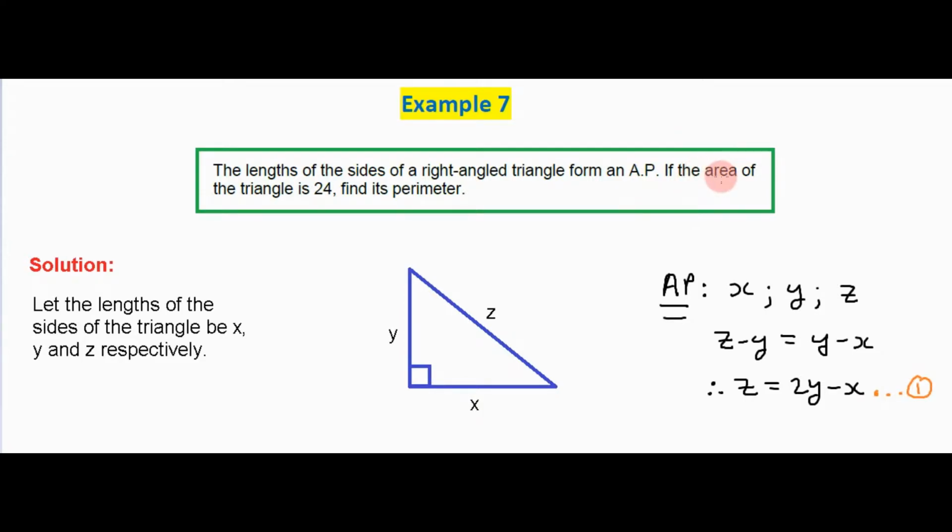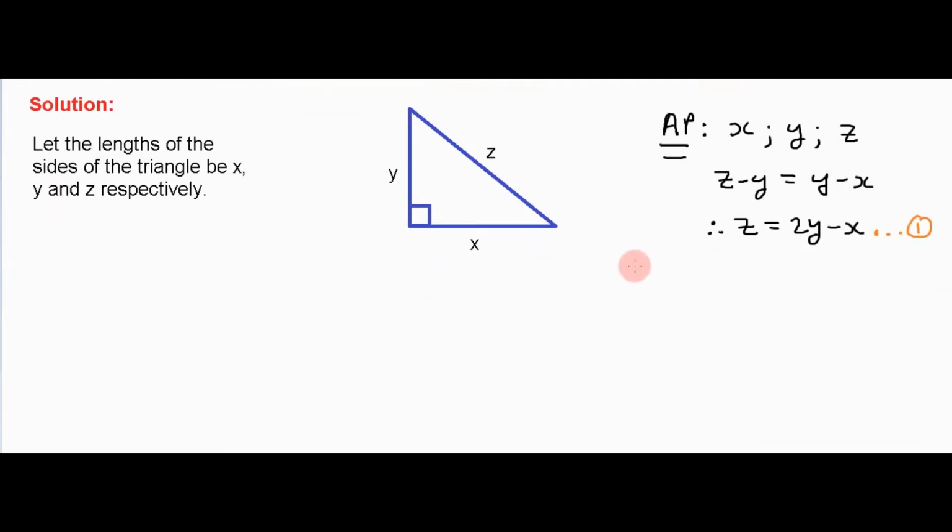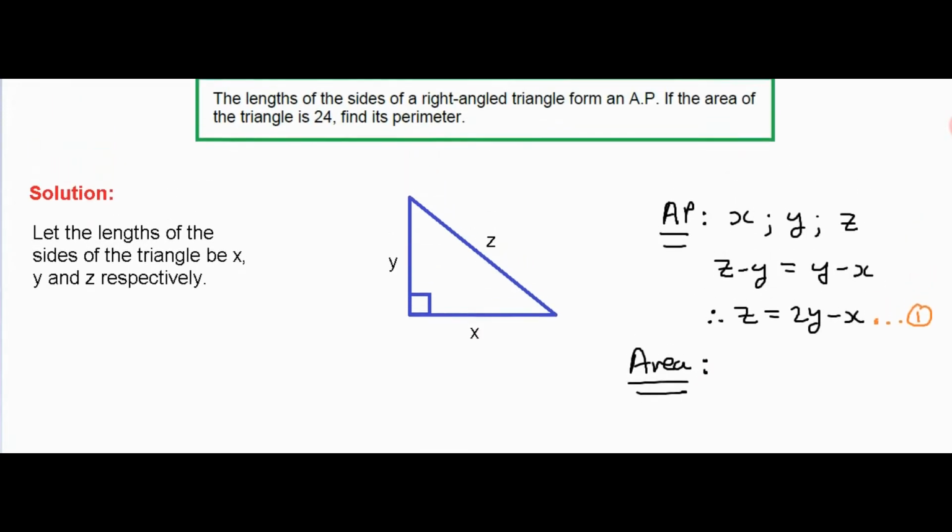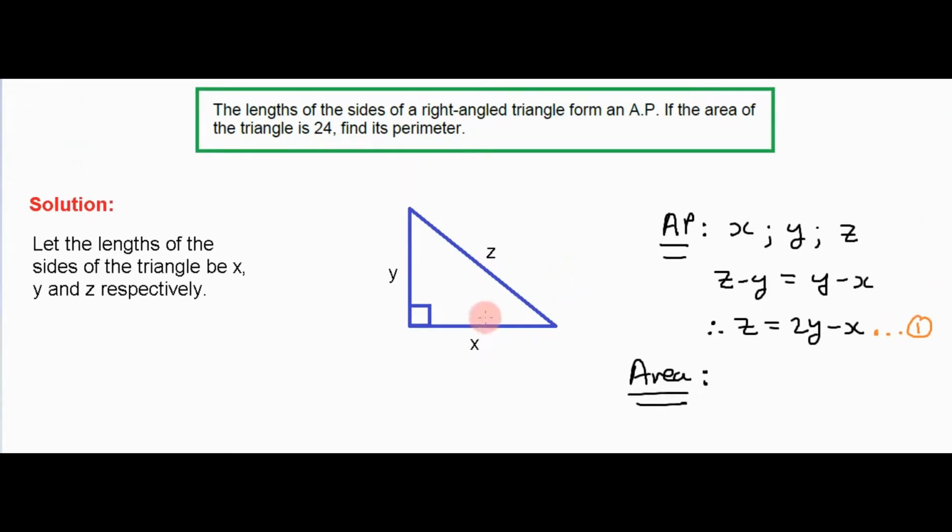We need to set up a second equation. We are also told that the area of the triangle is 24. So let's use that information. We know that the area of a triangle is a half base times height. So then a half x times y must equal 24.